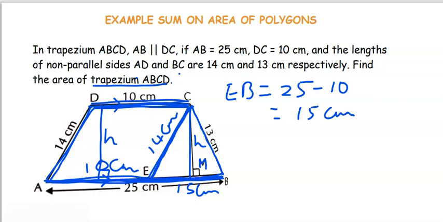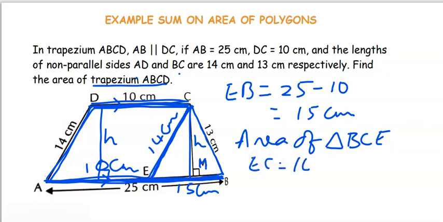To find the height of the triangle, you need to first find the area of triangle BCE. Here you have three sides of the triangle: EC is 14, BC is 13, and BE is 15 centimeters.